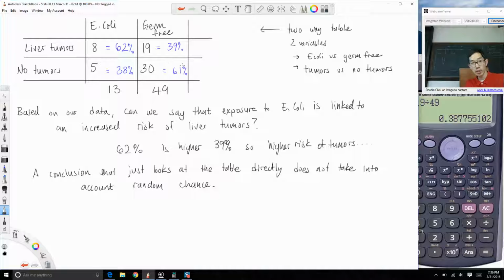Someone could say, well, we looked at a total of 62 mice, okay? And out of those 62 mice, 27 developed liver tumors and 35 did not, okay? So for argument's sake, let's say E. coli and the germ-free environment have no bearing on liver tumors.